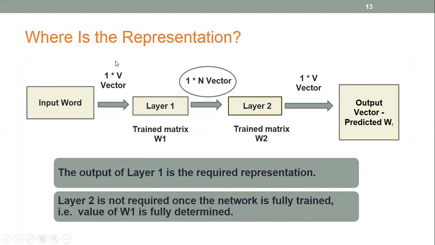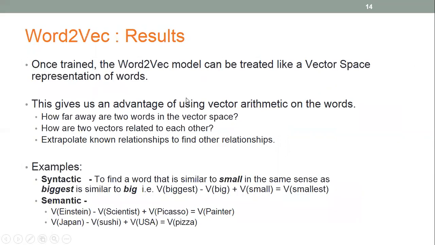For example, if two words lie in the same zone of the graph, they may be similarly related, or they may have some connection which can be determined by the word vector algorithm. And we can also extrapolate known relationships to find out other relationships.